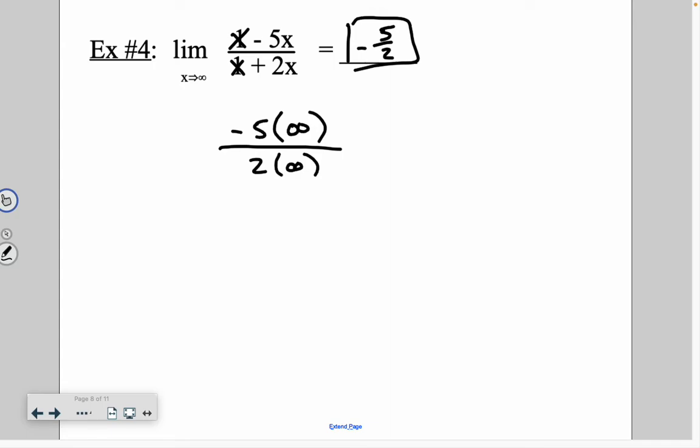One's not growing faster than the other. They're growing at the exact same rate. Which means the negative 5 halves is the answer, just like you're doing the algebra. Like x's would cancel, and you got your answer. Okay? Let's go a little bit further, just to see if we can keep developing the concept here.